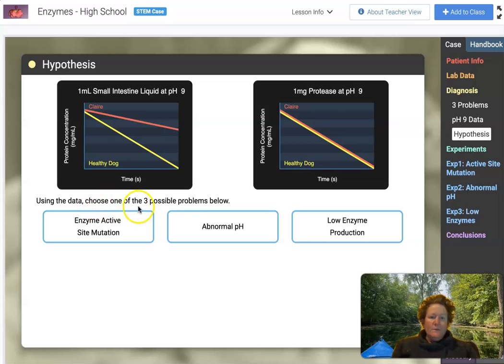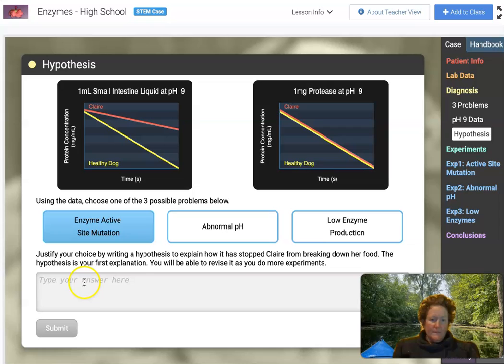Using the data, choose one of the 3 possible problems below. Enzyme active site mutation, abnormal pH, or low enzyme production. Let's just go with the first one and see how that goes.